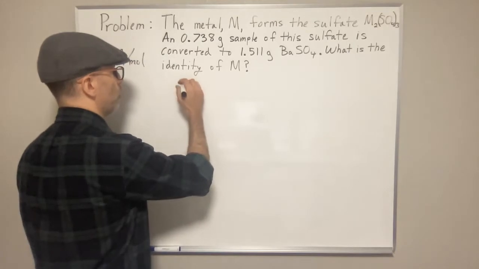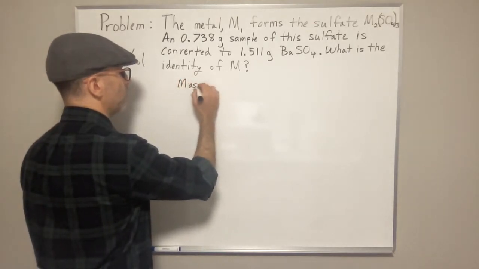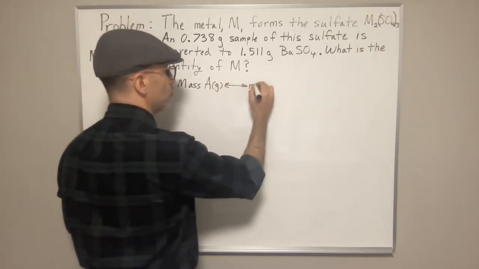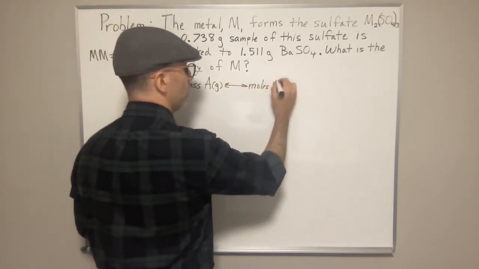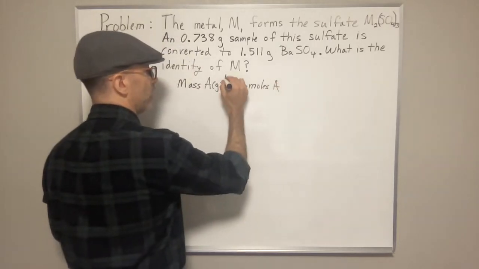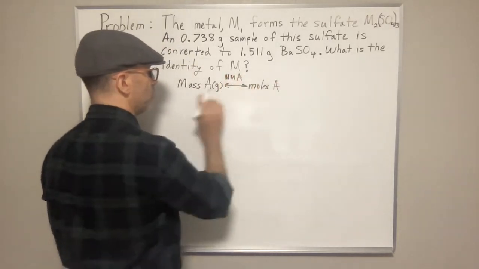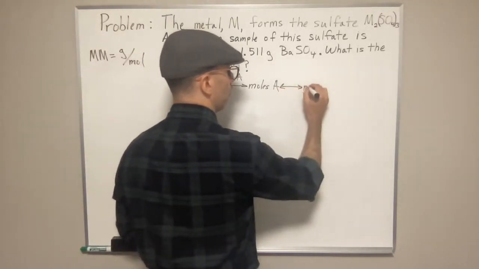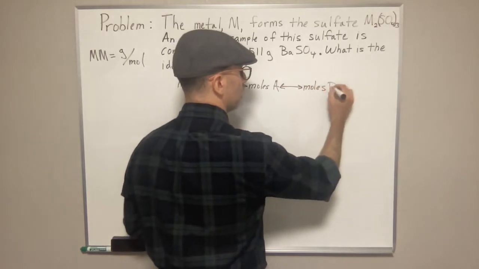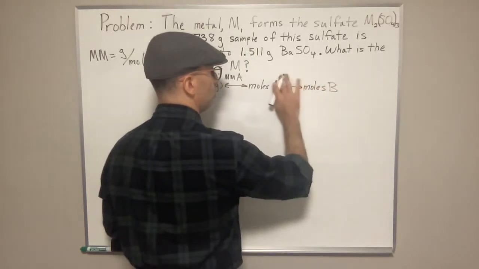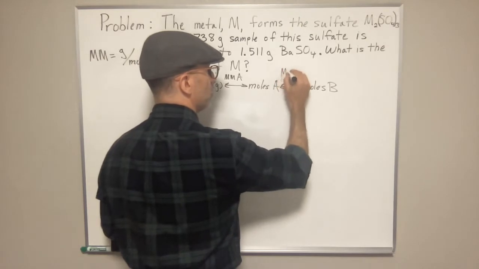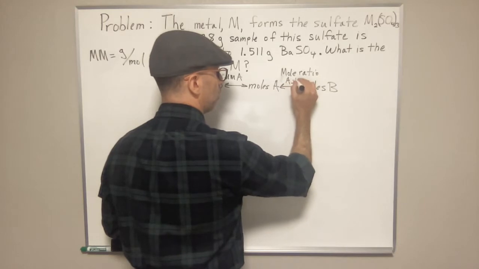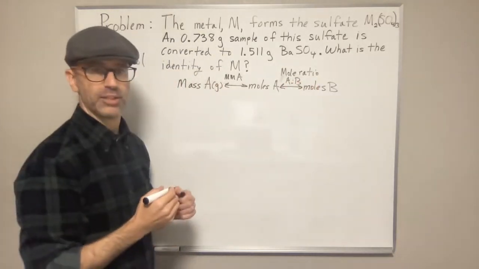And so that's where you're going from mass of A in grams to moles of A, and there you're going to need to use the molar mass of substance A. And then to go from moles of A to moles of B, you're going to use the mole ratio of A to B as your conversion factor.